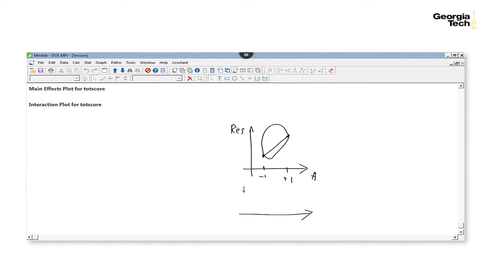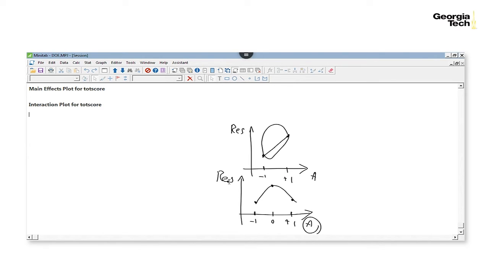However, if I have 3 levels for factor A, let's say -1, 0, and +1, and if the values are like this, then I can say, okay, there is a curvature relationship between factor A and response. And that's why if we want to optimize the response, it would be a better idea to use more than 2 levels, because we can capture the curvature.